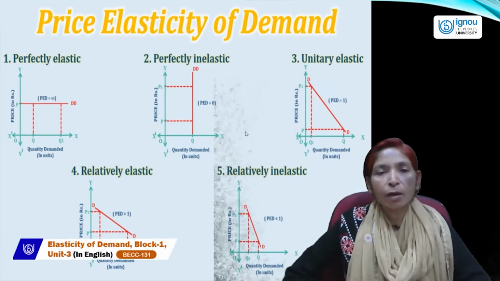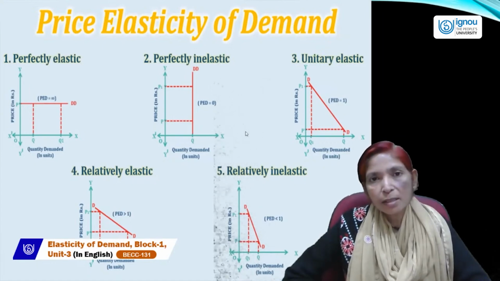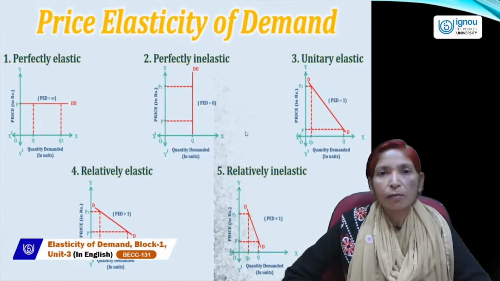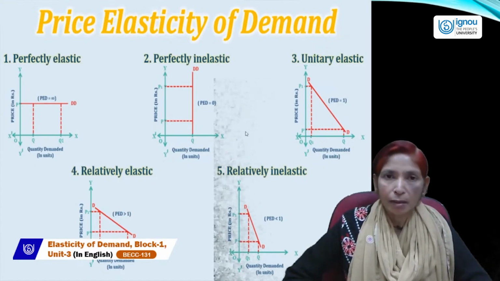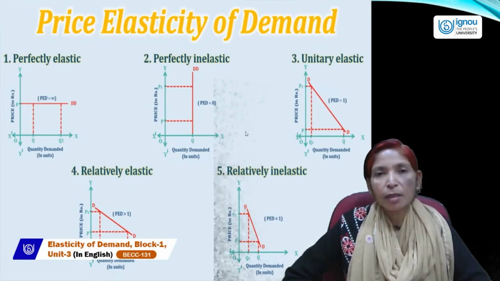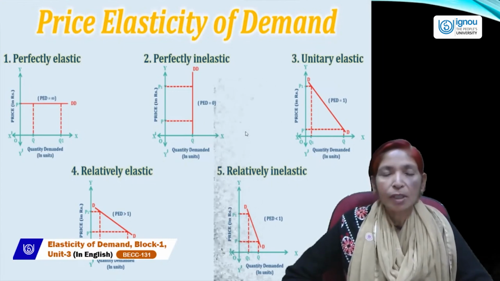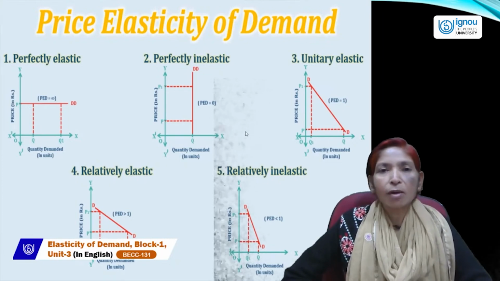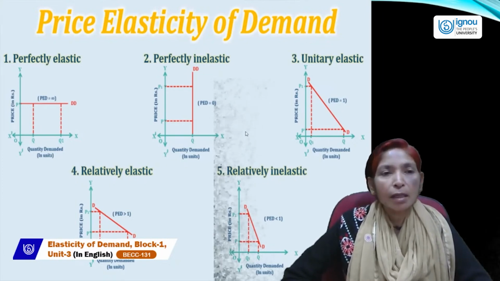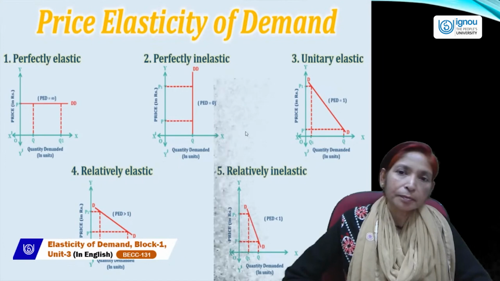In this case, elasticity of demand will be less than 1 and the demand curve will be steeper rather than flatter. So these are the 5 degrees of price elasticity of demand.